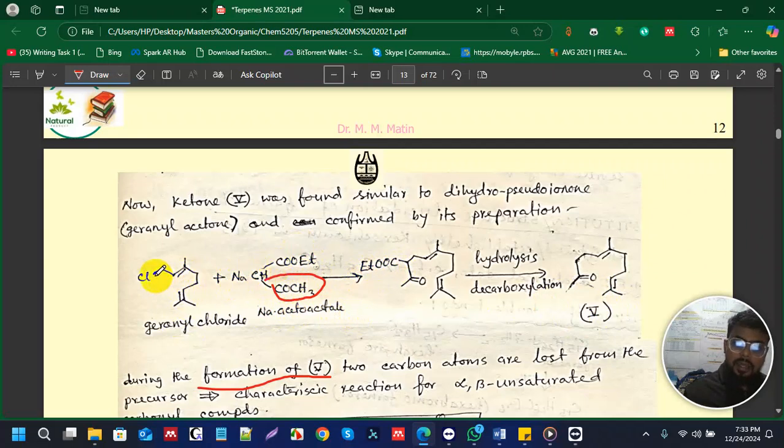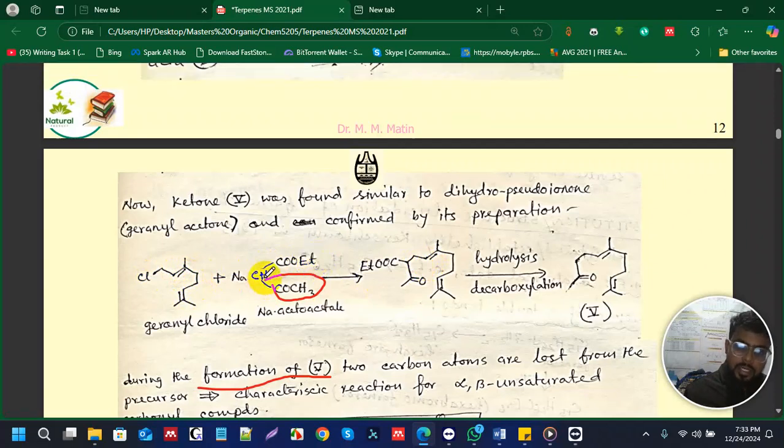This Cl, the geranyl part, will attach with this carbon hydrogen, and this carbon hydrogen is attached with the C double bond, COOEt, and this COOEt is connected with COCH3.